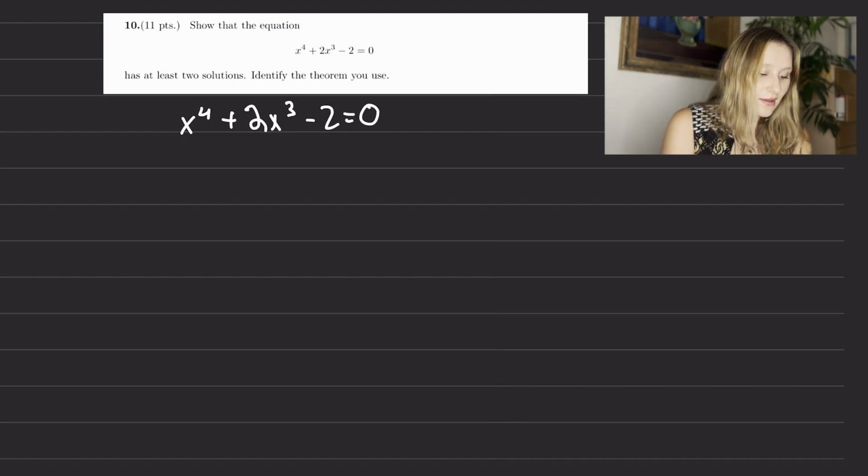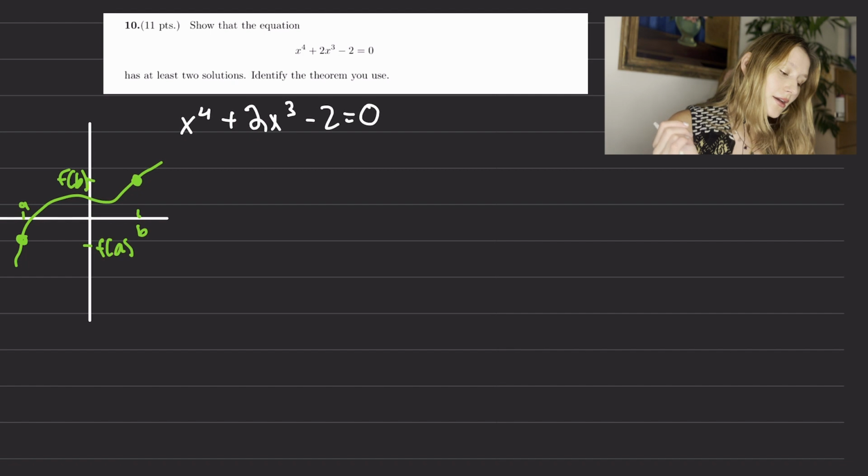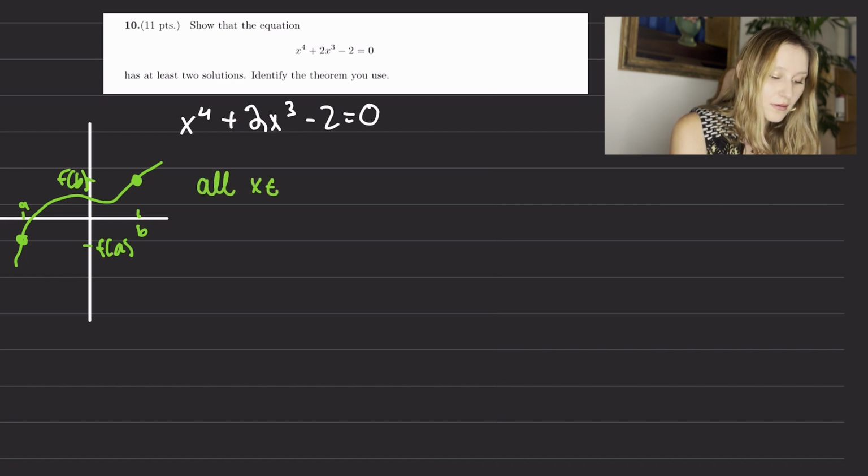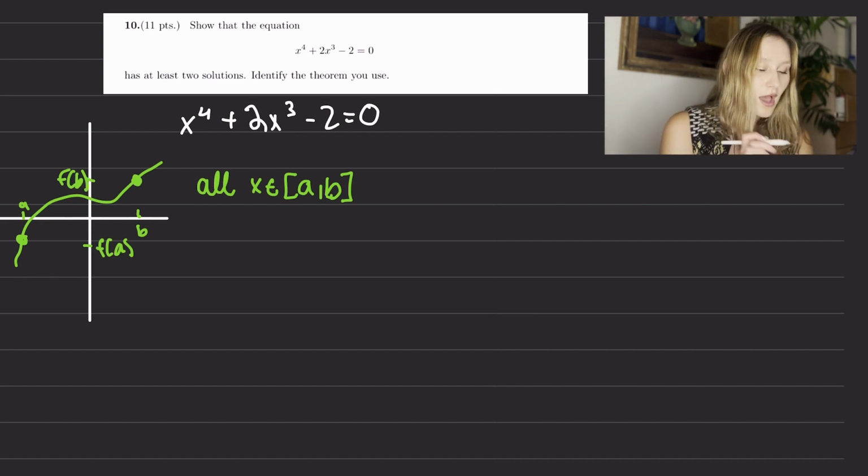And what that says is that if you have a function with 2 points, call this A and B, and then this is f of A, f of B, then every point in between them, provided that this is a continuous function, every point is going to be included here.